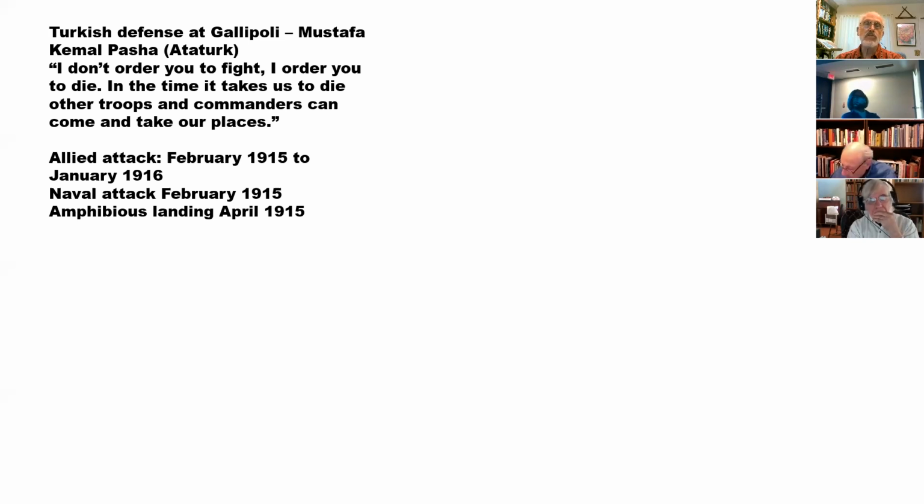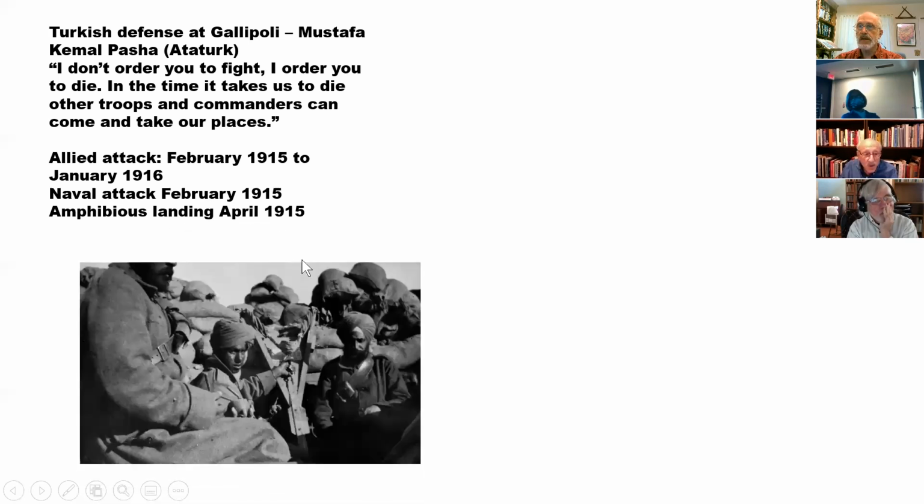There was an Australian movie, Gallipoli. There are other movies, you can see this. A very difficult situation for the soldiers who were there. You have, as I say, naval attack in February, amphibious landing in April. And who's fighting? Well, you know, they don't look like Europeans. This is where the British Empire draws its soldiers, in this case from India.